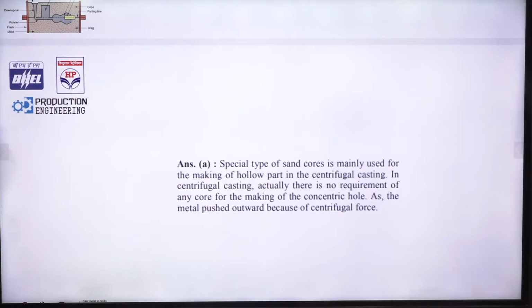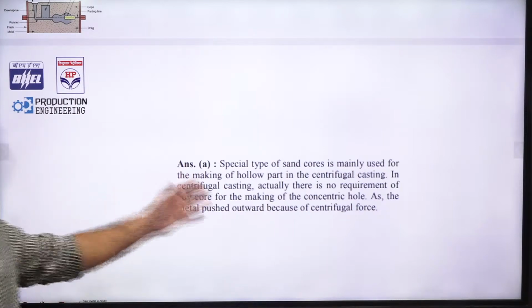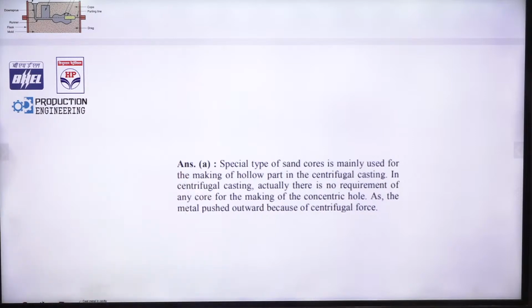No requirement of core for making a concentric hole. But if sometime he asks you, then you will say special type of sand core can be made.